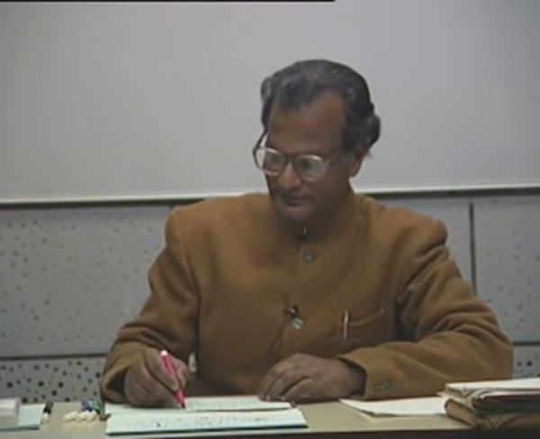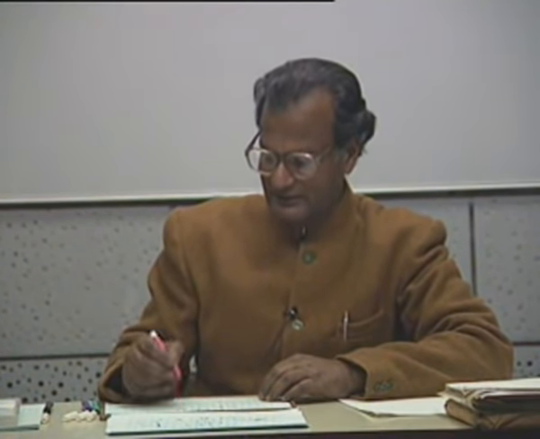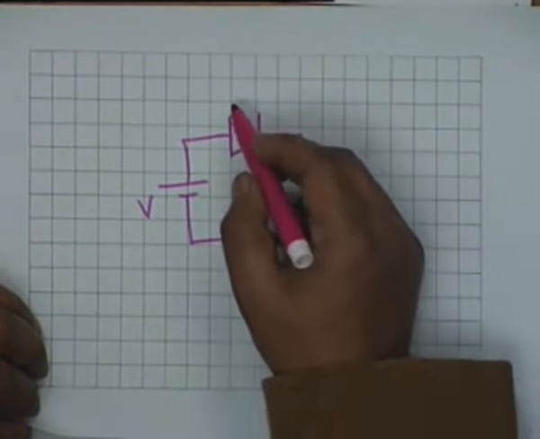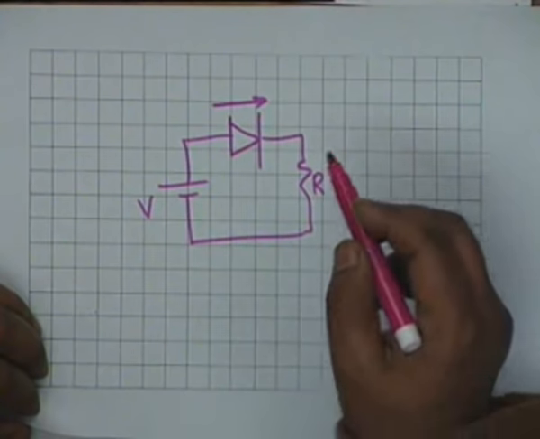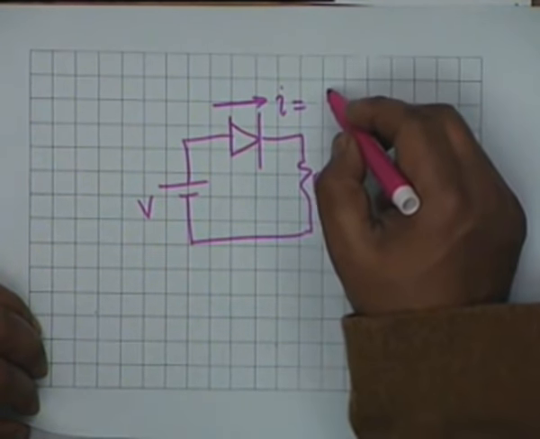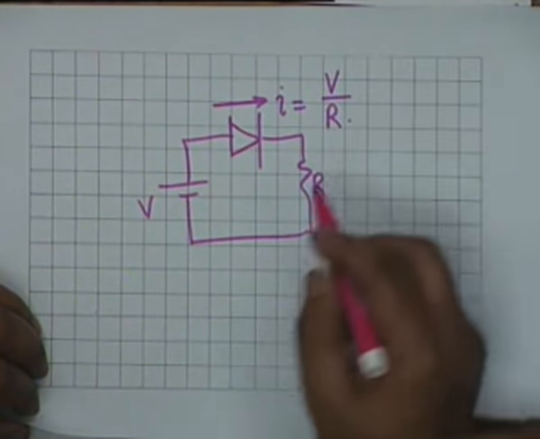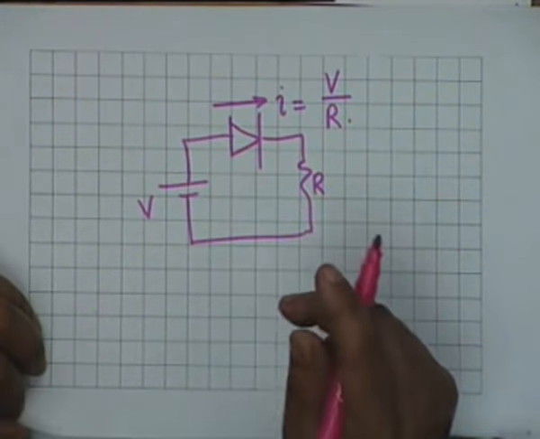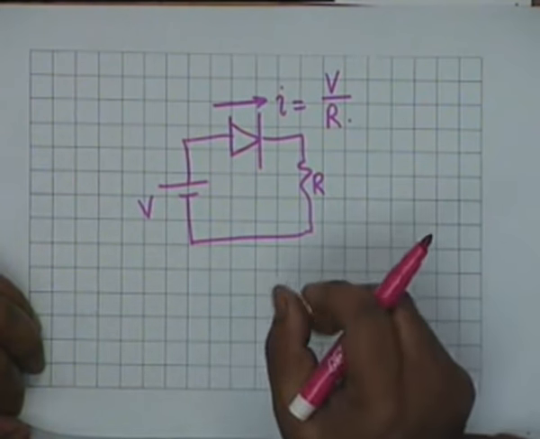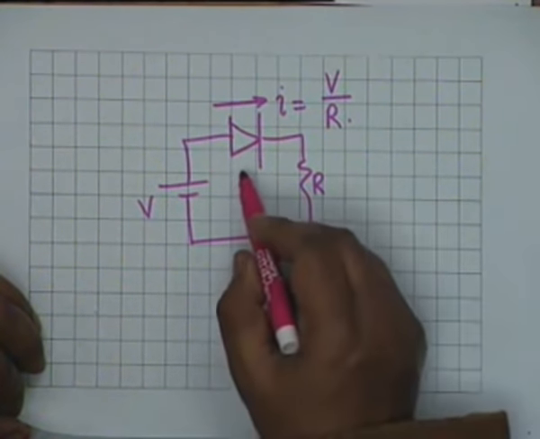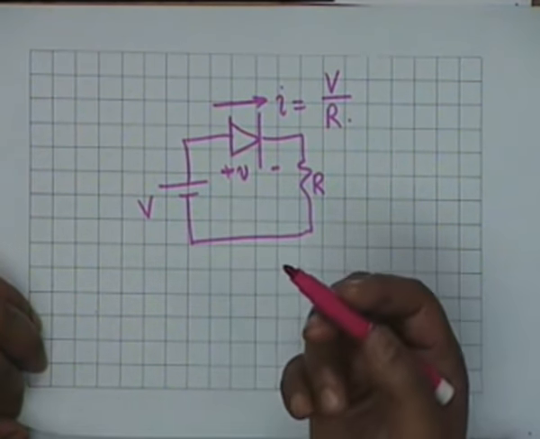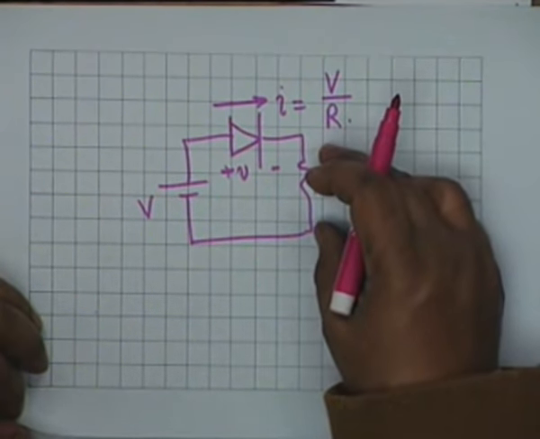You have a voltage source, let us say V, and then you have an R. If this diode is ideal, then the current in the circuit would be simply given by V by R, because the diode in the forward direction acts as a switch with zero resistance. What is the drop in the diode then if it is ideal? 0. The total drop shall be across R.